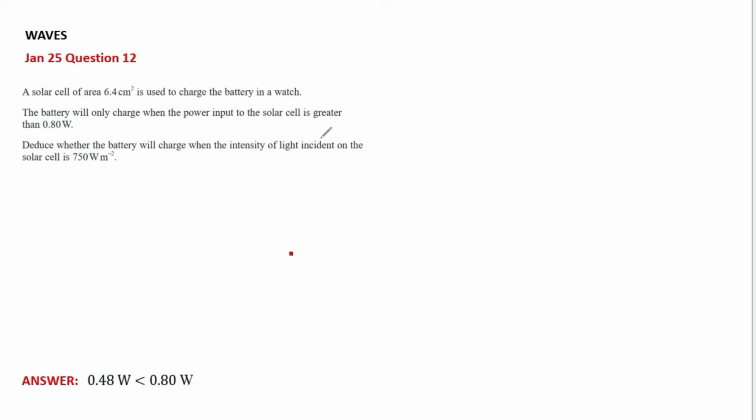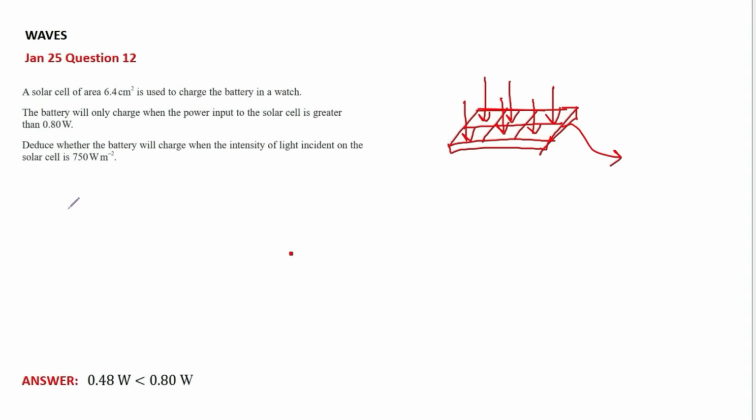So for questions like this, let me draw a small diagram. I think this will help you identify the whole scenario. So let's say this is your solar panel or photovoltaic cell. So radiation falls on it, and this panel converts this light energy into electrical energy.